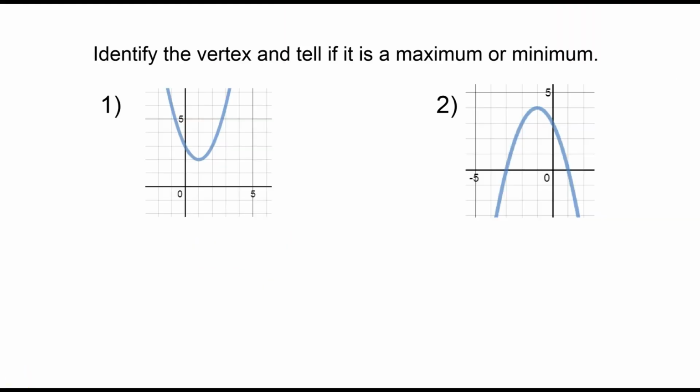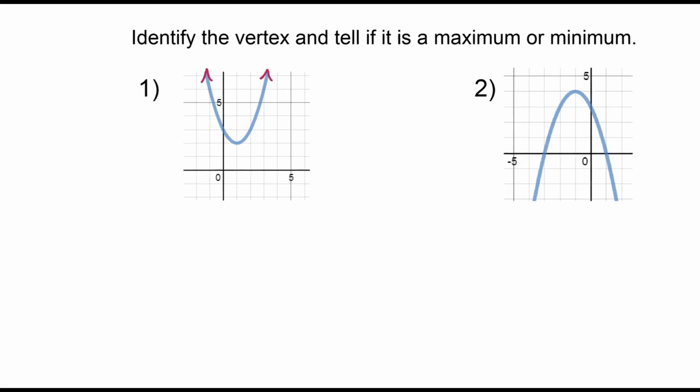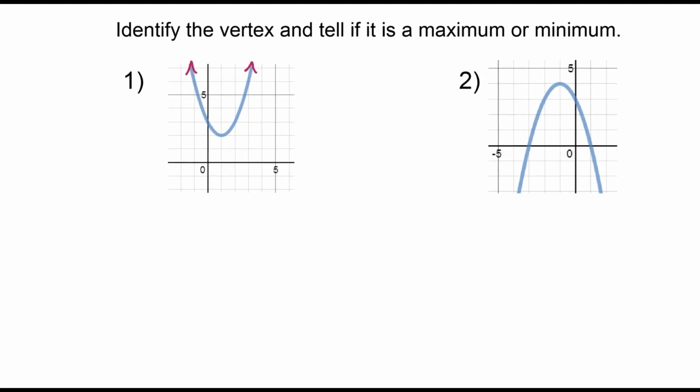Our instructions for number 1 and number 2 are to identify the vertex and tell if it is a maximum or a minimum. Again, I don't like it if I see a parabola and it doesn't have these arrows on the ends of it. It drives me absolutely bonkers.